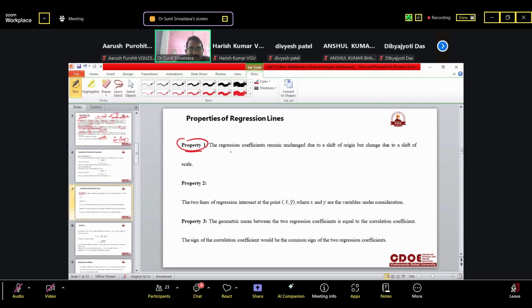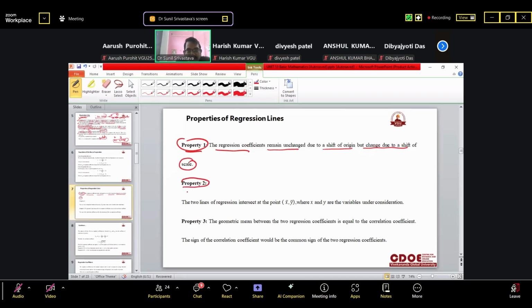Property number one: the regression coefficients remain unchanged due to a shift of origin but change due to a shift of scale. The regression coefficient remains unchanged when you shift the origin.